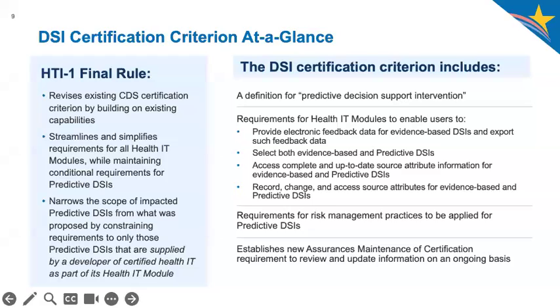Users can select both evidence-based and predictive DSIs, access complete and up-to-date source attribute information, and record change in access source attributes for the evidence-based and predictive DSIs. We also established a new assurance maintenance of certification requirement to review and update the information on an ongoing basis. Next slide.